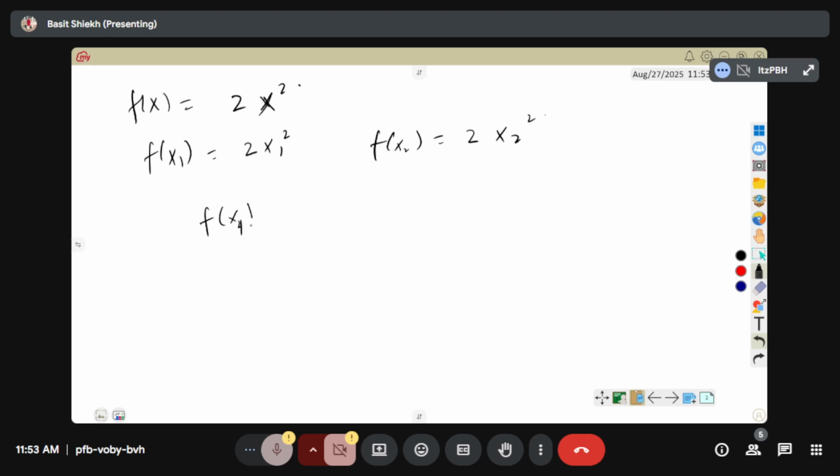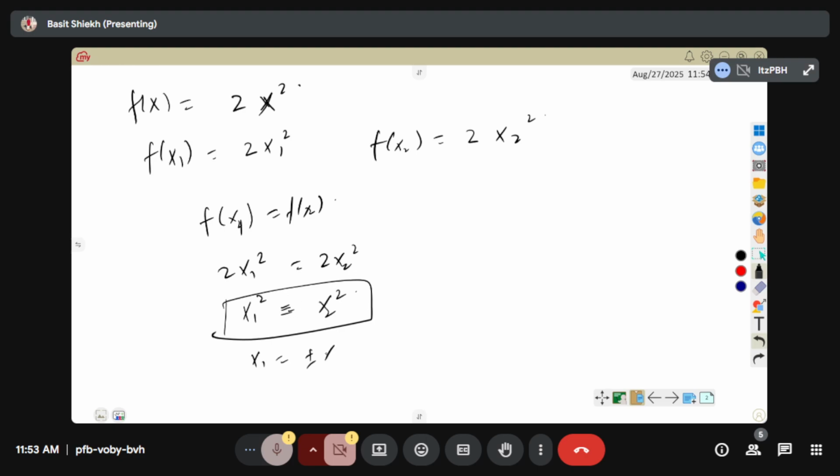Solve for f(x1) = f(x2). So 2x1² = 2x2², which gives x1² = x2². This can be x1 = ±x2 or x2 = ±x1. So it is not one-one.